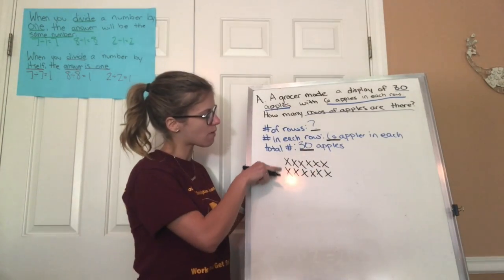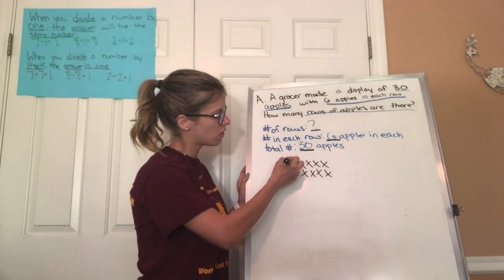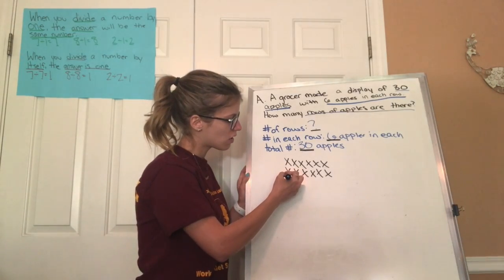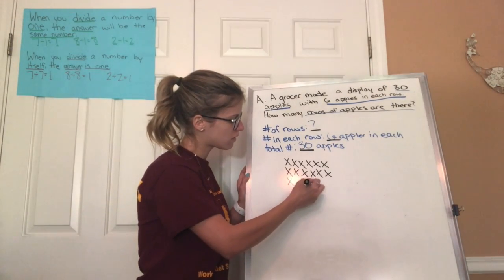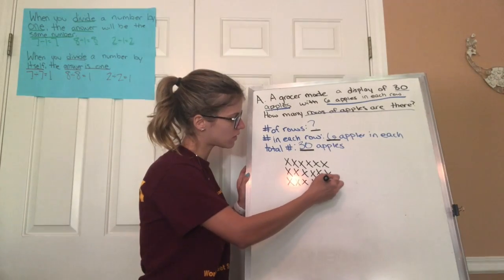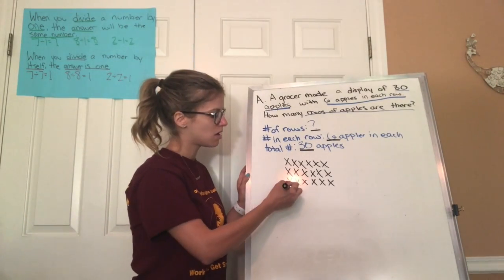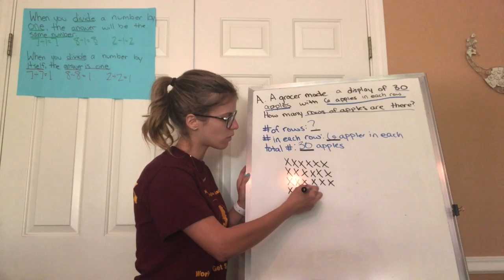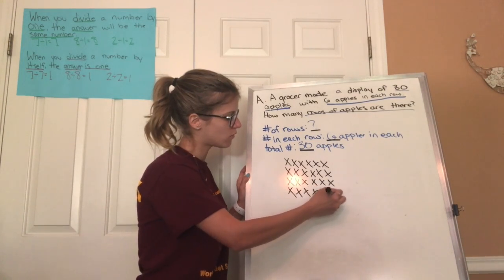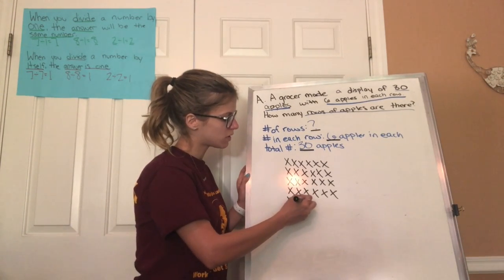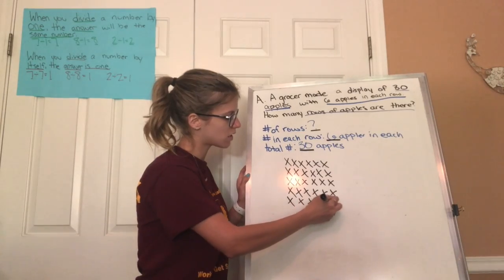I'm making sure that I'm making equal rows. 13, 14, 15, 16, 17, 18, 19, 20, 21, 22, 23, 24, 25, 26, 27, 28, 29, 30.